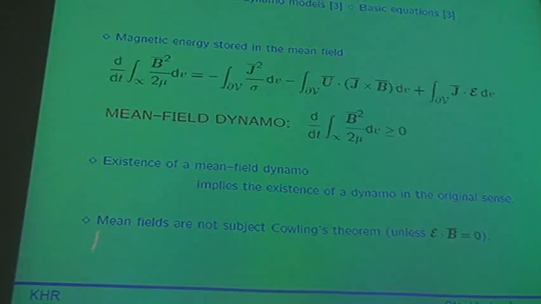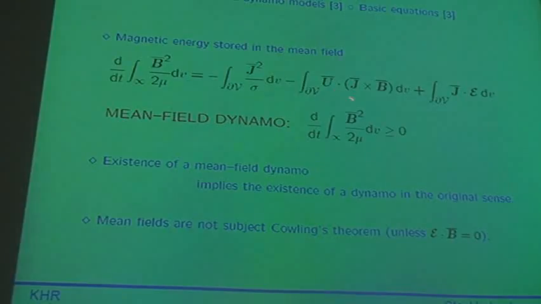Okay, here are a few aspects of mean field dynamics. You can write down the energy balance now for the energy stored in the mean magnetic field, just as we did in the first lecture without thinking of mean fields. You have here a term, dissipation, which always acts against a dynamo, which leads to the decay of the magnetic field.